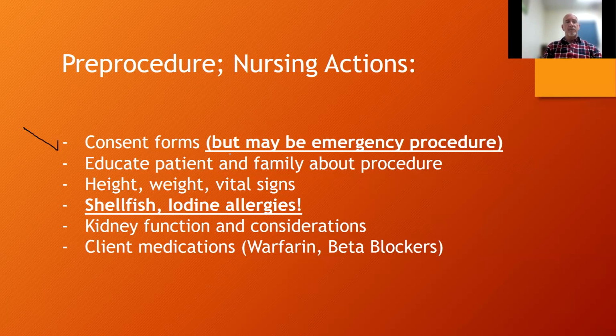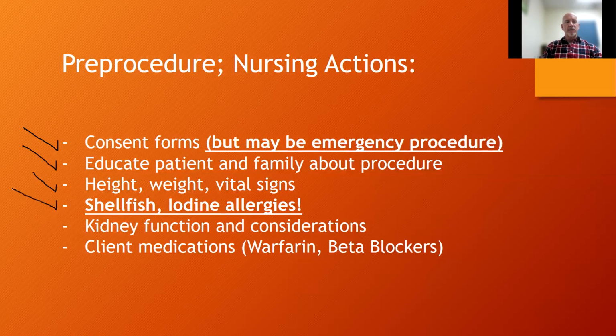Consent forms, but it might be an emergency procedure. Like I said, guy went down, they did CPR, they defibrillated him, they got a rhythm back, they bring him into the hospital, they race him straight into the cath lab, and they say, nope, go to surgery, just run straight over to surgery. And there again, the same as with the catheterization, educate the patient on what's going to be happening. Height, weight, vital signs.